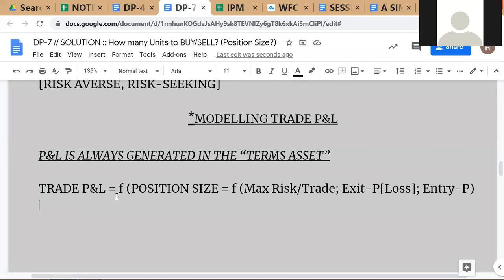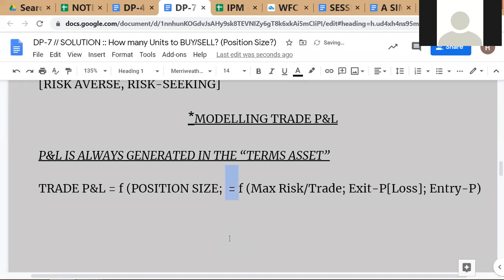We'll write P&L, but we'll think of it as a loss. It is a function of position size, exit price on loss, and in fact, let's write it as trade loss.